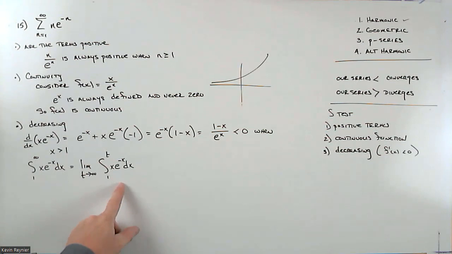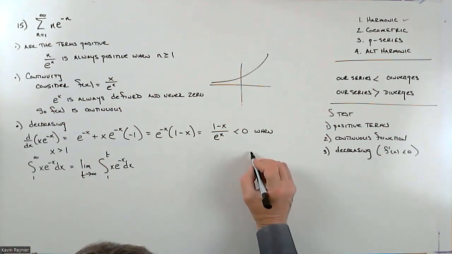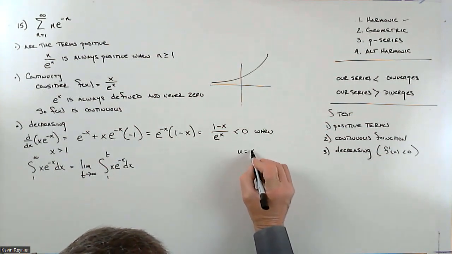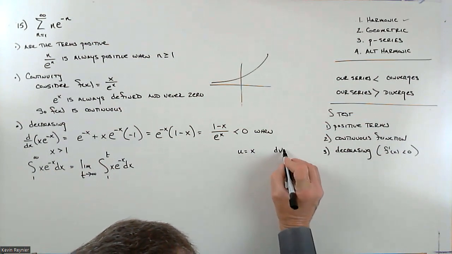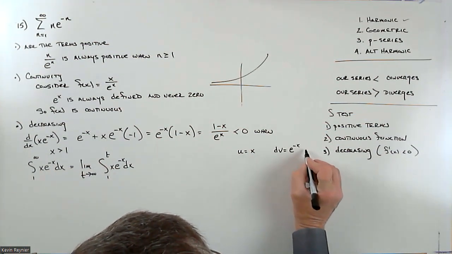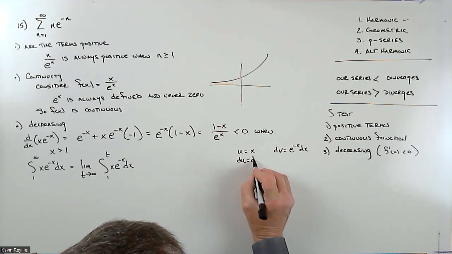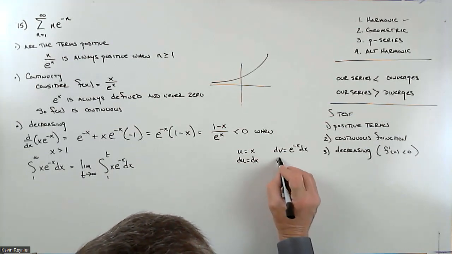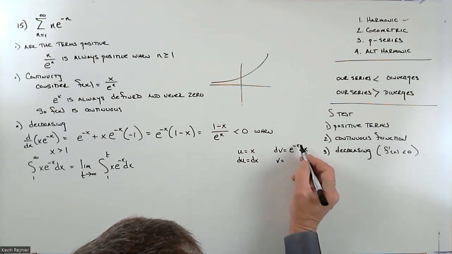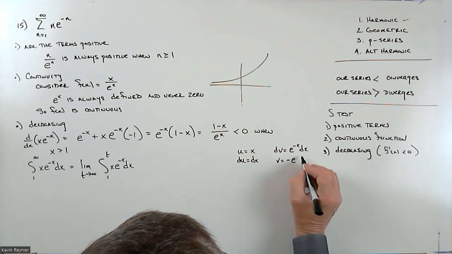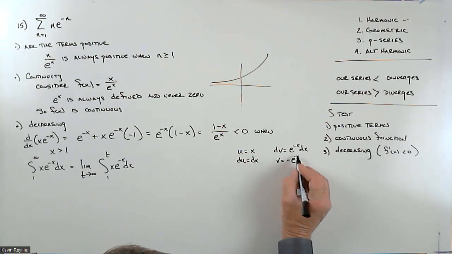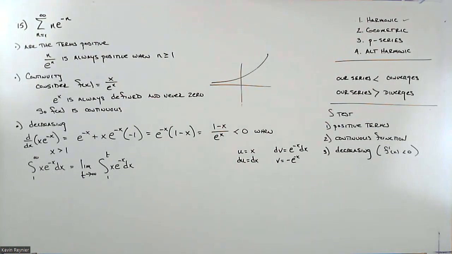This is a parts problem. So u equals x, dv equals e to the minus x dx. When we take the derivative here, we get du equals dx. We take the integral here, and v equals the integral of e to the minus x, which is minus e to the minus x. And so now we know what this is equal to.